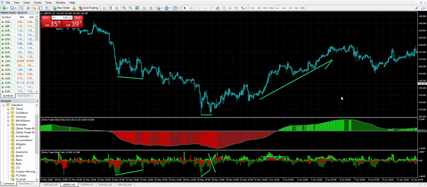So I just wanted to give you some additional clarity on ways to use the Strike Trader Elite Pulse indicator. It is measuring, tick by tick, the intensity of the trade, or what I call the intensity of the momentum of the uptick, downtick in price action.